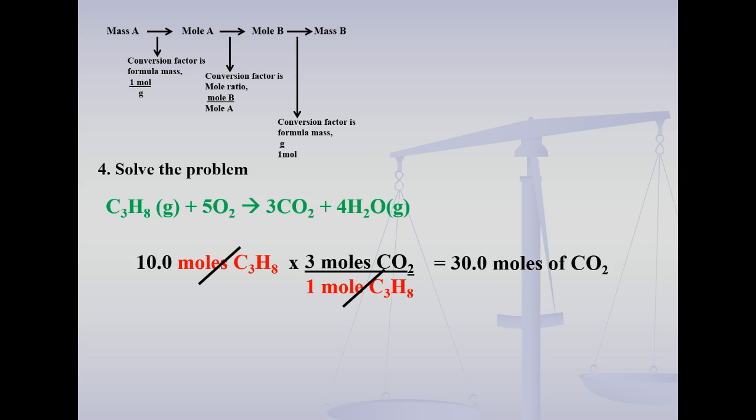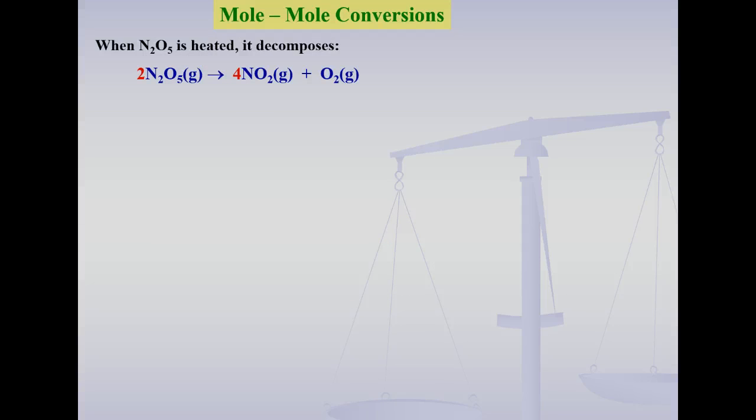All right, let's take a look at another problem. When dinitrogen pentaoxide is heated, it decomposes according to this balanced equation. The first part of the problem: we want to know how many moles of nitrogen dioxide can be produced from 4.3 moles of dinitrogen pentaoxide. We already have our balanced equation.